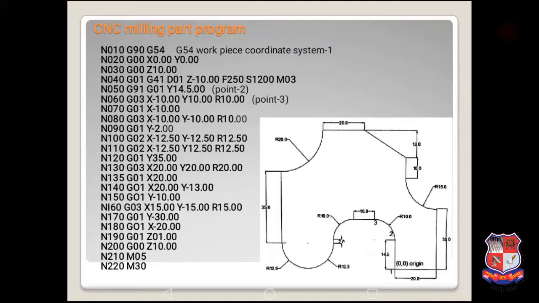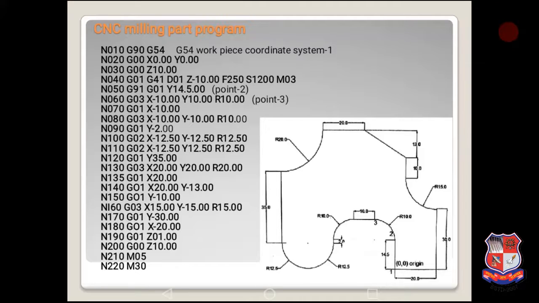Here the value of coordinate X is negative because the movement is in left direction from the 0 point, and Y is positive because the movement of Y is above the 0 point. So we move to point number 3 by using the command G03 that is used for circular interpolation in anticlockwise.